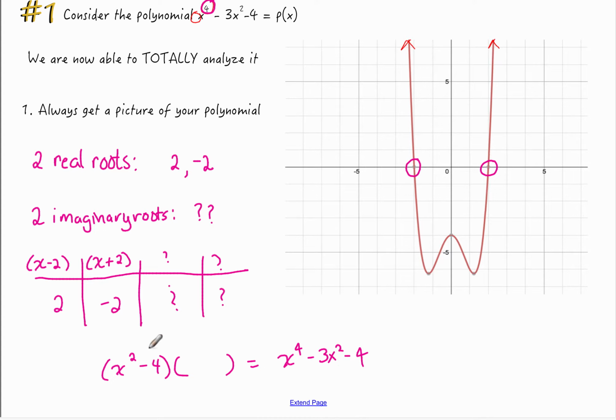Well, we could do multiplication. We could try and figure it out. We could say, all right, x squared times what is going to get me x to the fourth? Well, that must be another x squared. -4 times what gets me -4? That must be a plus 1.